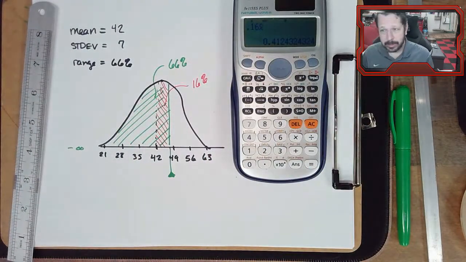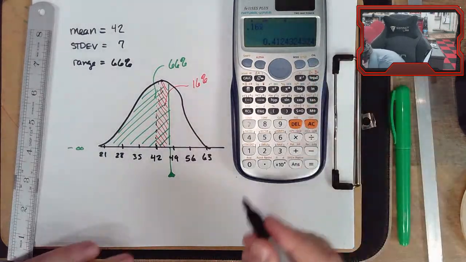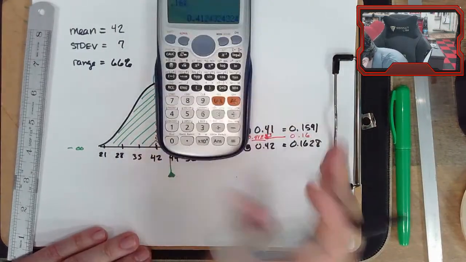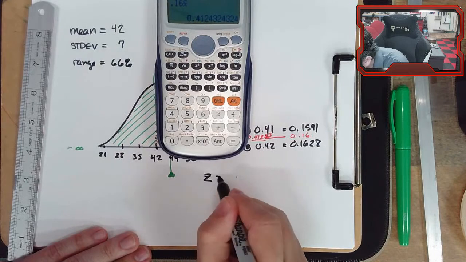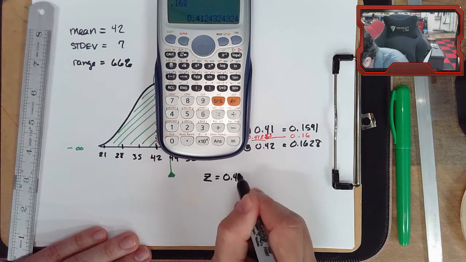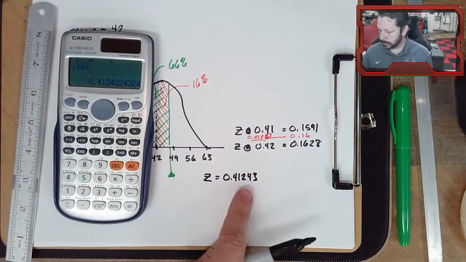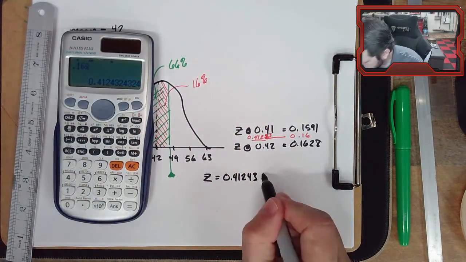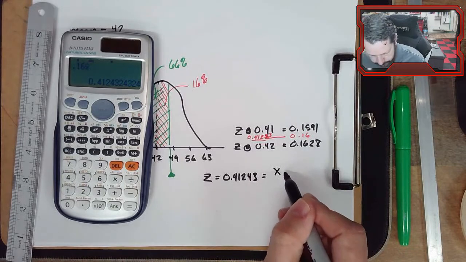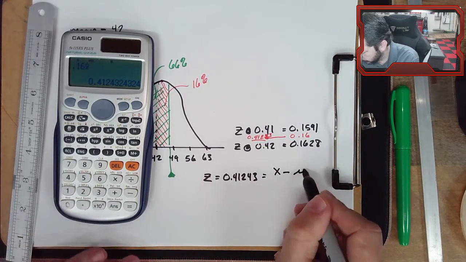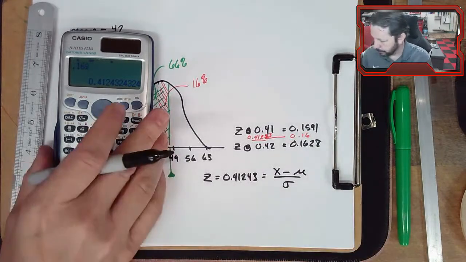So we also need our z equation. Well, before this calculator goes off, let's see. z equals 0.41243, right? We also know that z equals x minus mu over standard deviation.